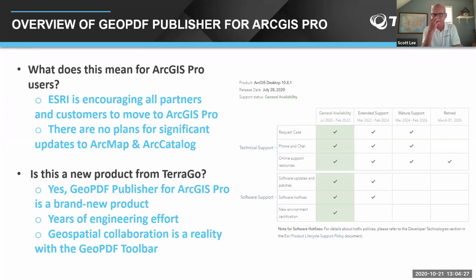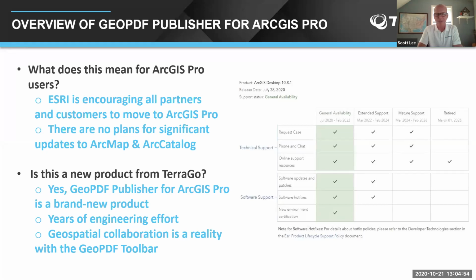TerraGo specifically is putting a tremendous investment inside of this product as it matures. And we do anticipate that the majority, if not all, of those customers will be moving to ArcGIS Pro. A question that you may have is, is this a new product? Absolutely it is. Like I said, there have been a number of man-years that have been invested in the development of the technology.